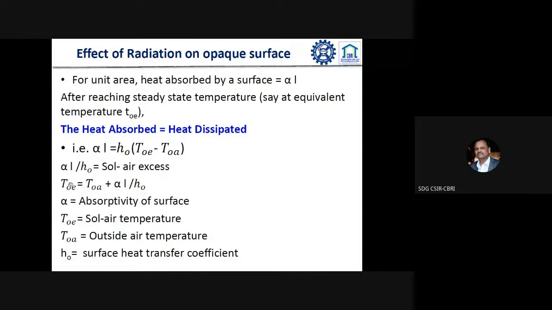If we solve this equation, we get another temperature term, which is the sol-air temperature. That is, T_sol-air is equal to the outside air temperature plus this component, where H naught is the heat transfer coefficient.